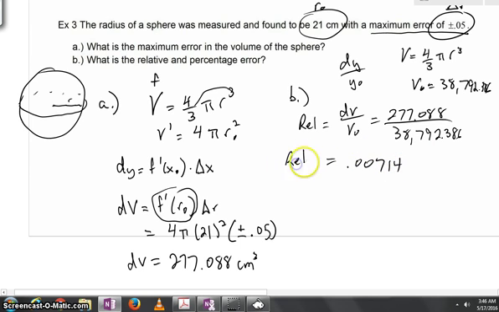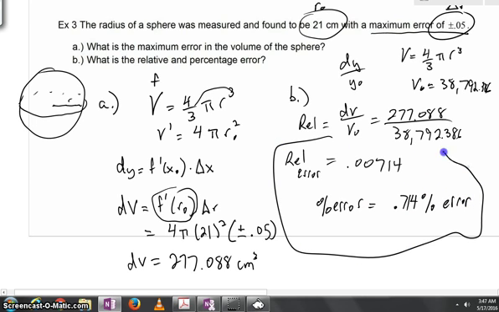So that's going to be our relative error. If you want to find your percent error, you multiply that by 100. So it's 0.714% error. Really, that's not that bad. And that's where just looking at the size of dv isn't sufficient. You really need to put things into perspective, comparing that to the original y value.